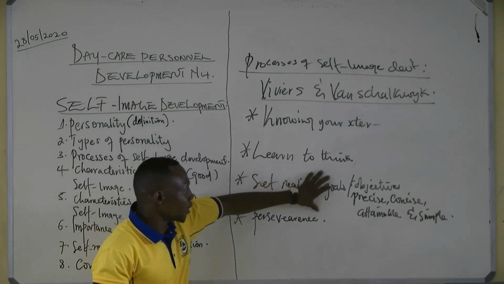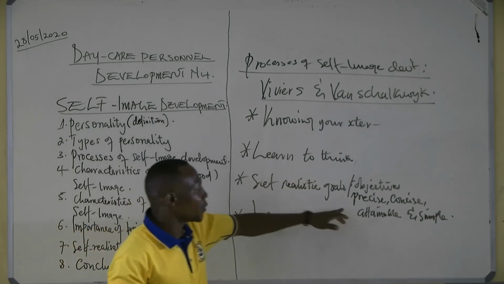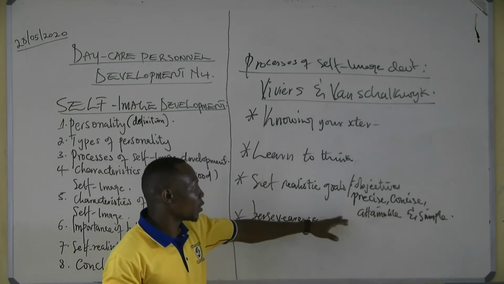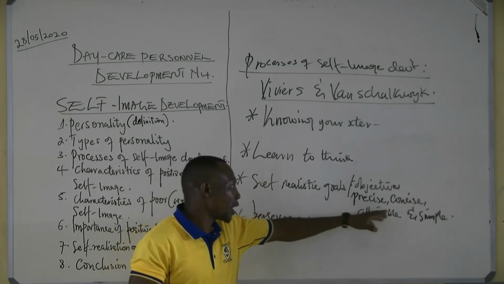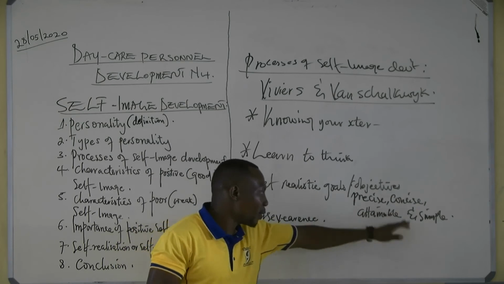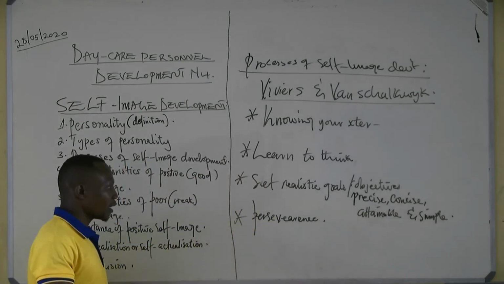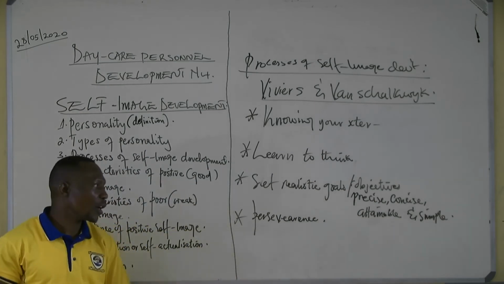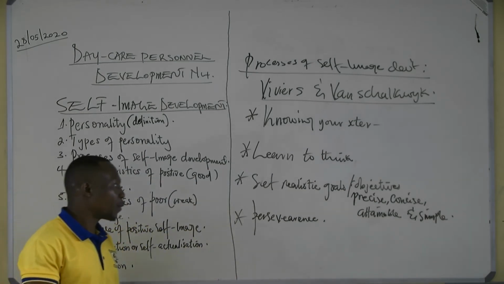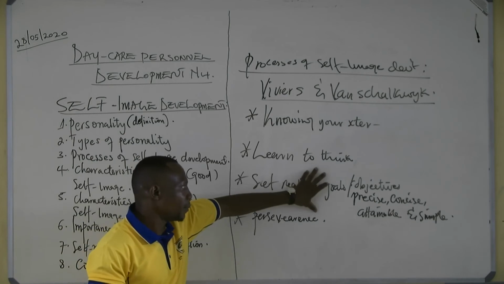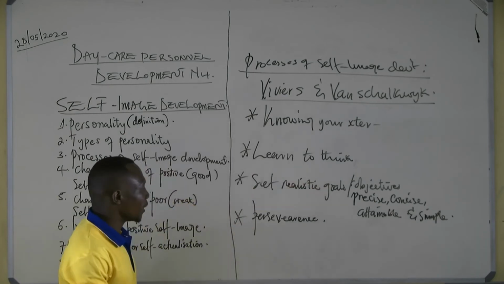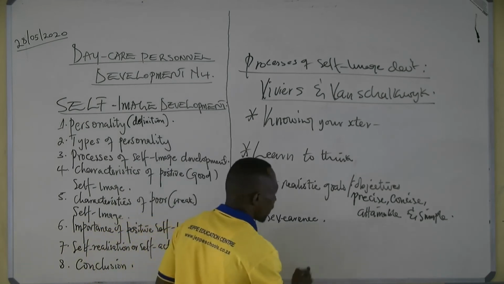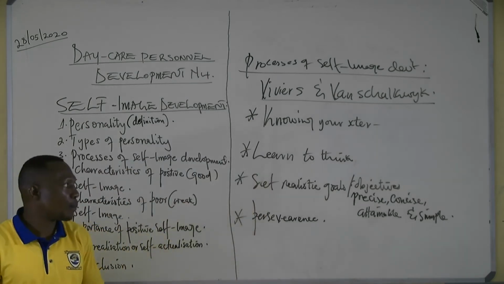And also these goals should be simple. So set your realistic goals by referring to these attributes: the goals should be precise, concise, attainable, and simple for you, so that you don't miss out on any during the course of endeavoring to achieve them positively.